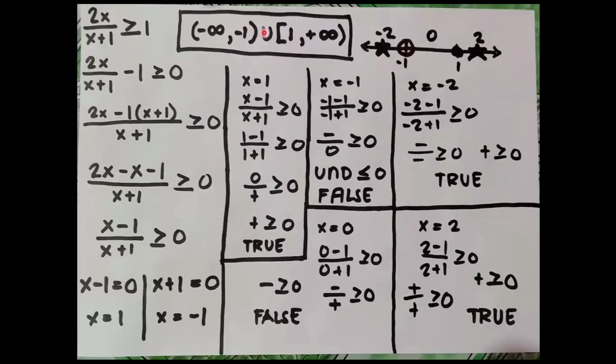So up until 1, bracket 1. So bracket will be used because this is the true answer and it is signed by a closed circle. So comma, plus or until positive infinity, close parenthesis, and that's our answer here.